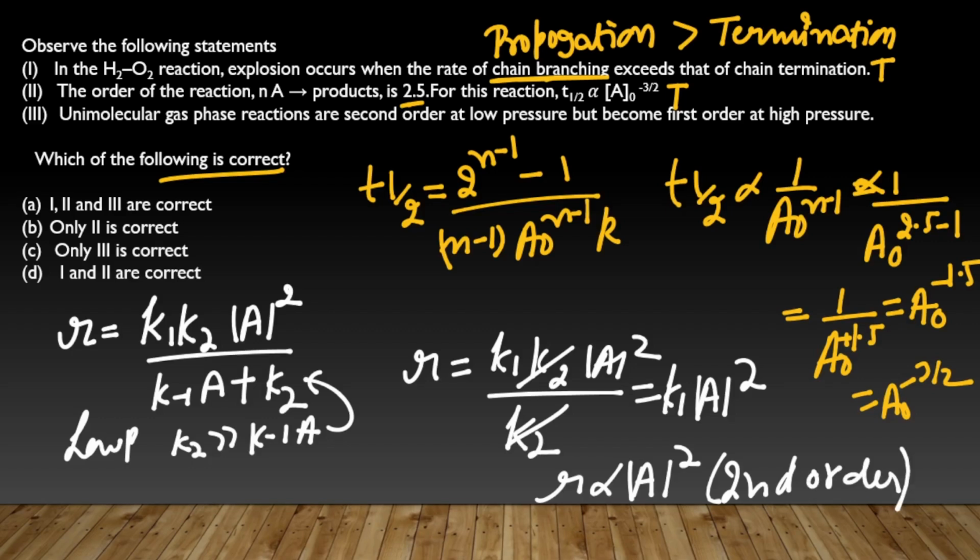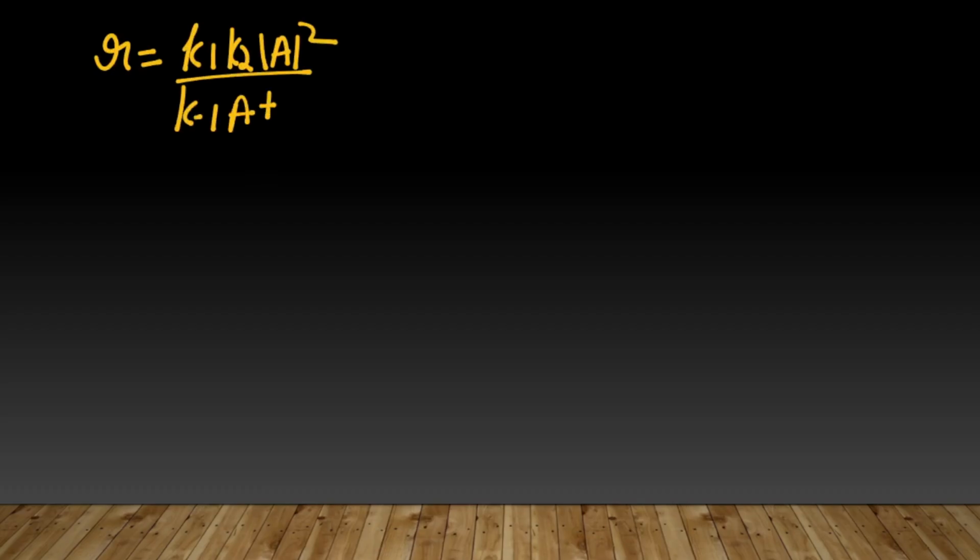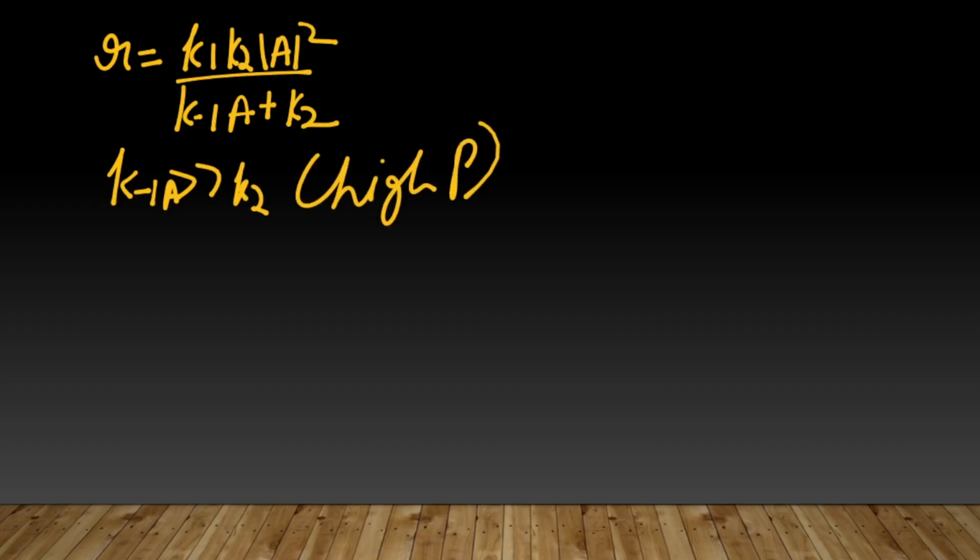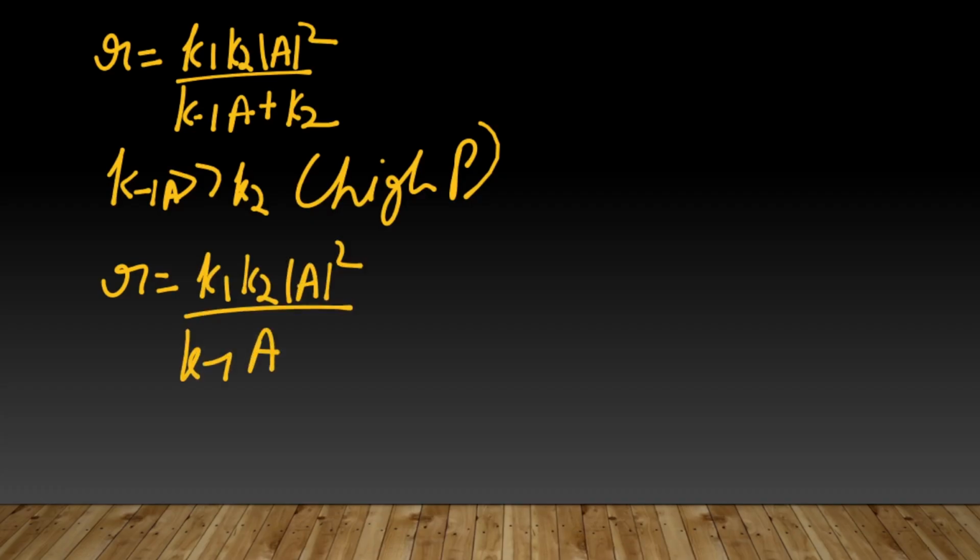At high pressure conditions also you can see the rate was K1 K2 A square upon (K inverse of A plus K2). So if K inverse of A is greater than K2, that means this is at the high pressure conditions we are talking about. At that point, rate will be equal to K1 K2 A square upon K inverse of A. So one A will get cancelled out.